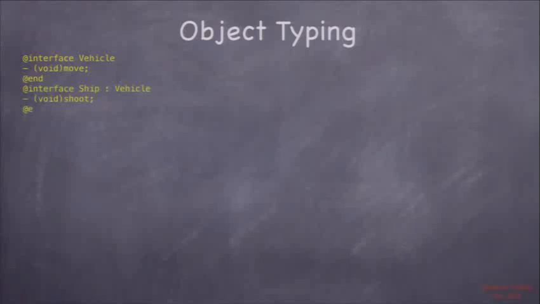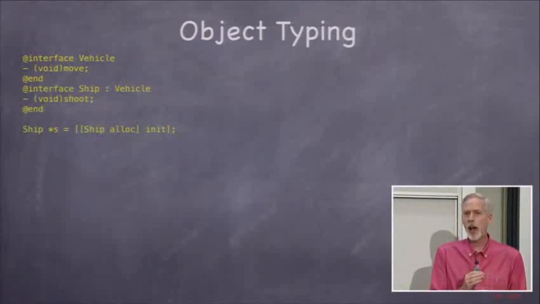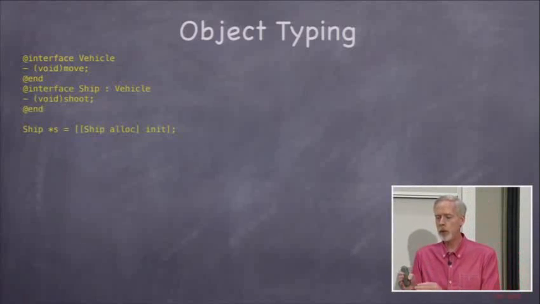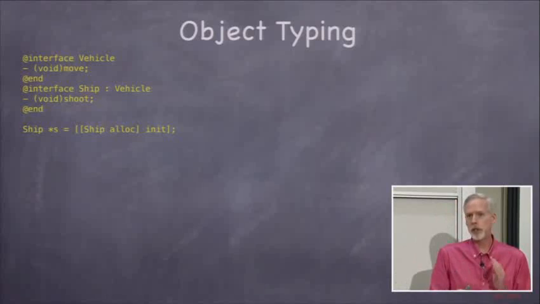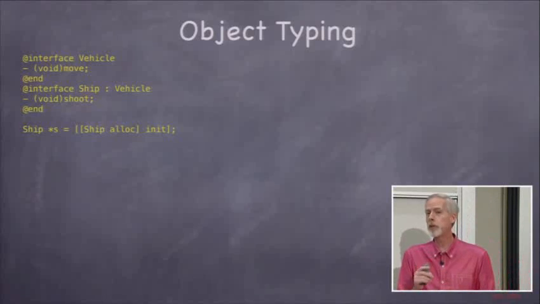All right, so to summarize all this, I'm going to show you this example. I've got two classes. I've got a Vehicle class, which has a method move. You can move the vehicle around. And I've got a Ship, which is a Vehicle, inherits from Vehicle, and it's only got one method, shoot. So ships can shoot other ships, and they can also move because they're vehicles. Okay?